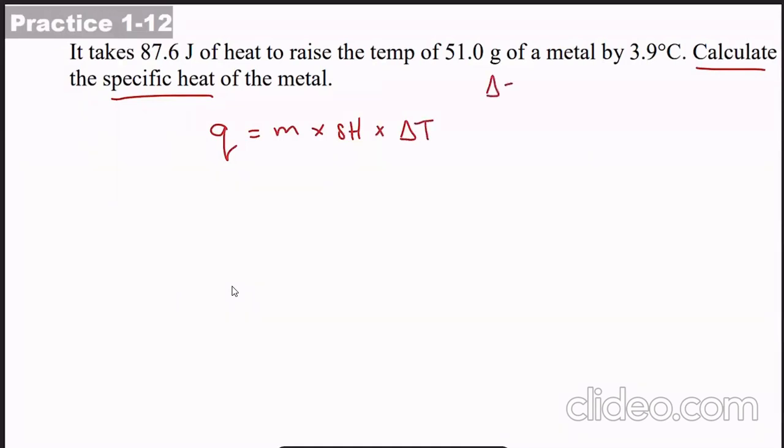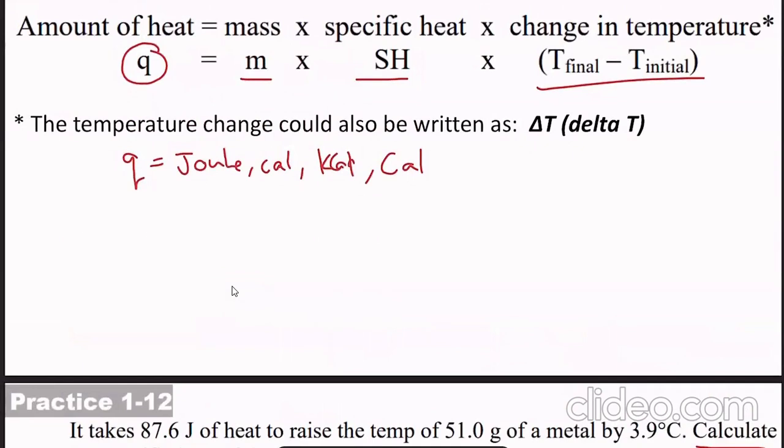Delta means change. So delta T is final temperature minus initial temperature, T final minus T initial.